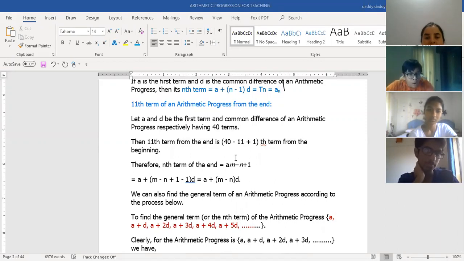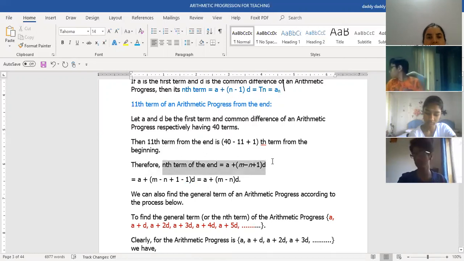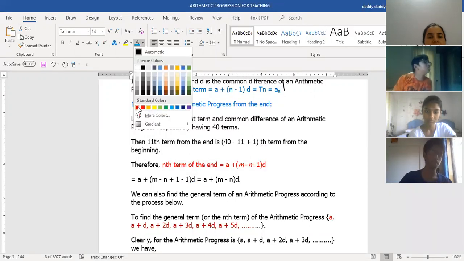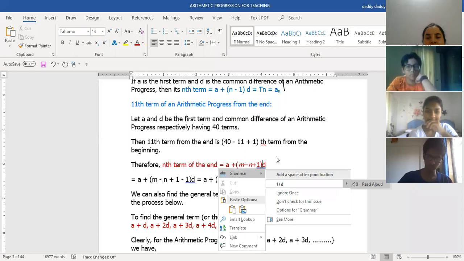So in place of this, just check this formula. This is the formula. I will just highlight it. The nth term from the end: they will give you three things.